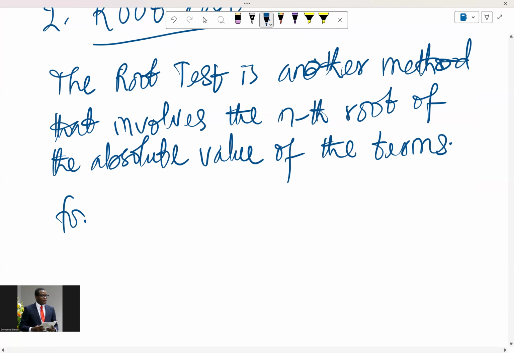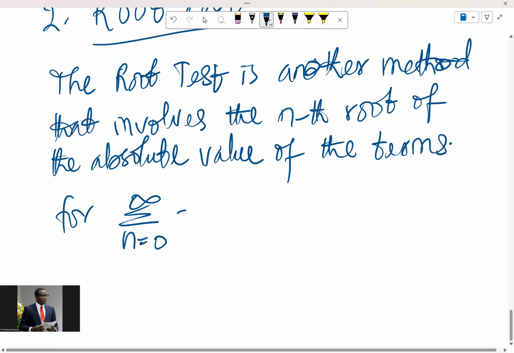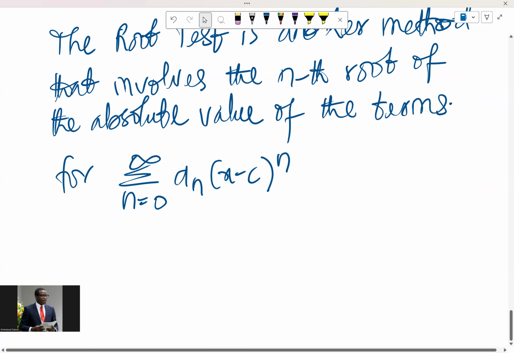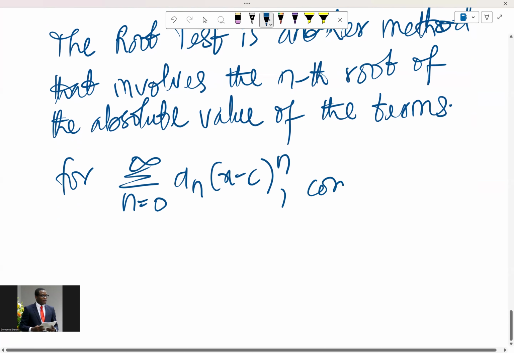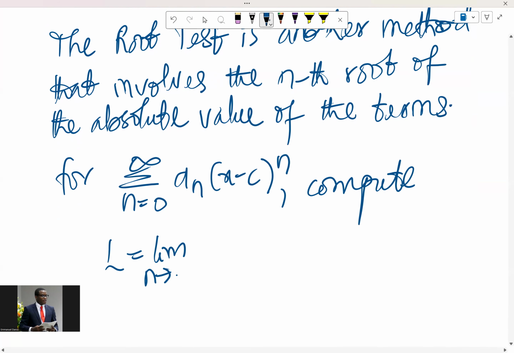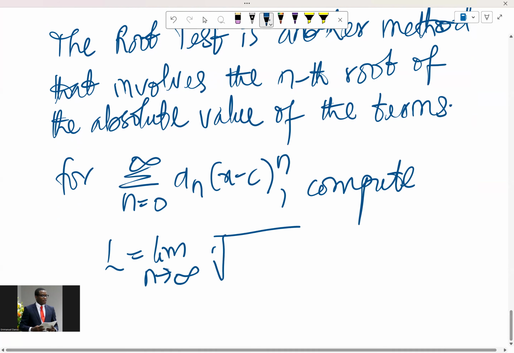So for the summation from n equals 0 to infinity of a_n (x minus c) raised to power n, we compute the limit as n approaches infinity of the nth root of the absolute value of a_n.